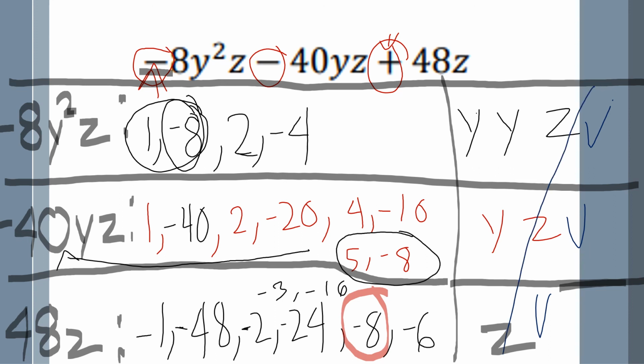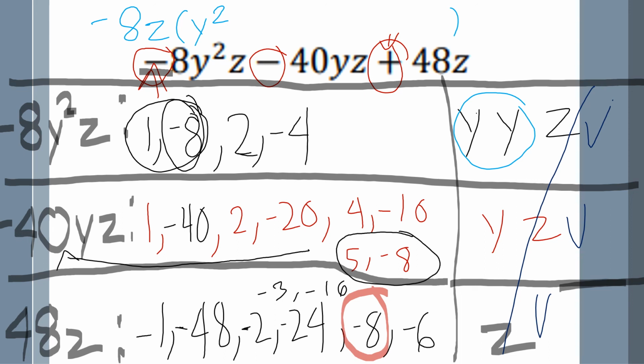When we put our final answer together, we're going to have -8z with the parentheses of, well, I'm left with this, y squared, and then 8 times what gives me -40.